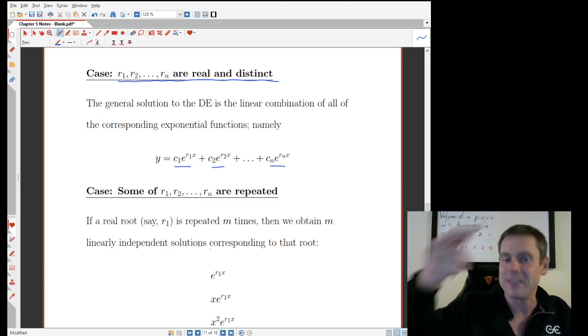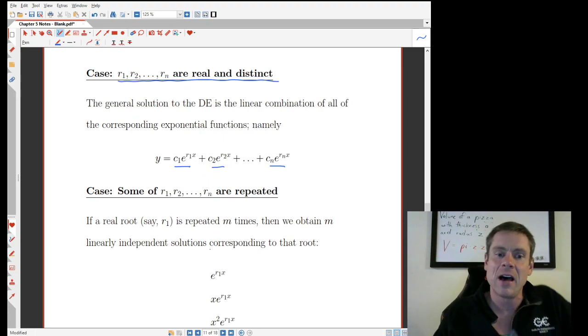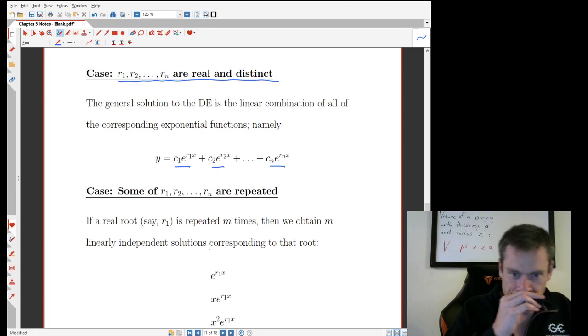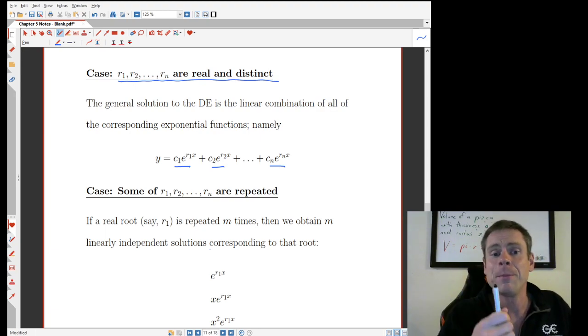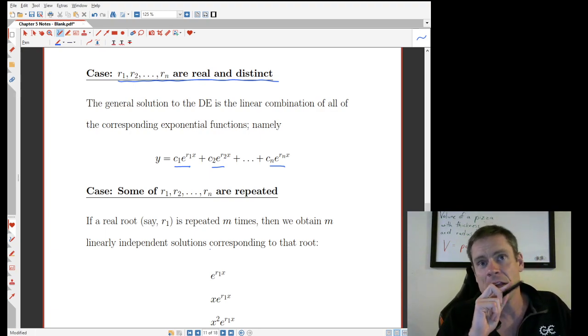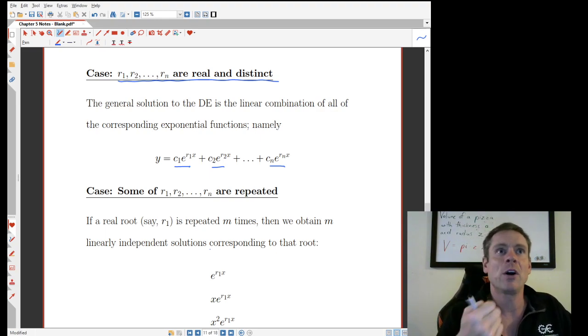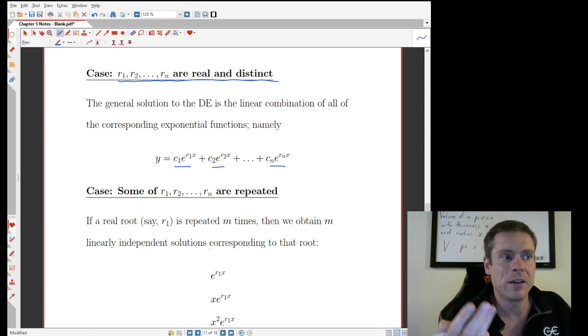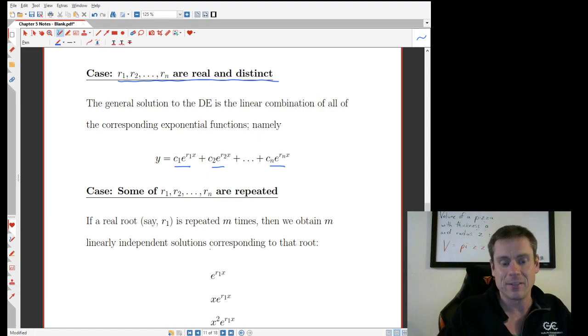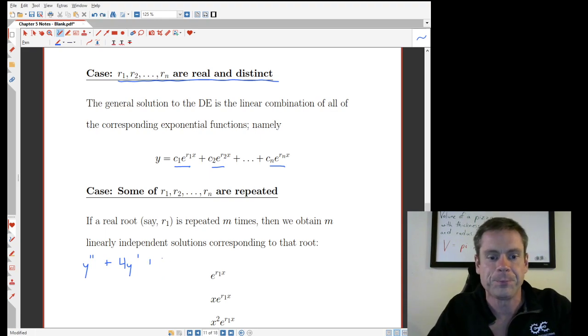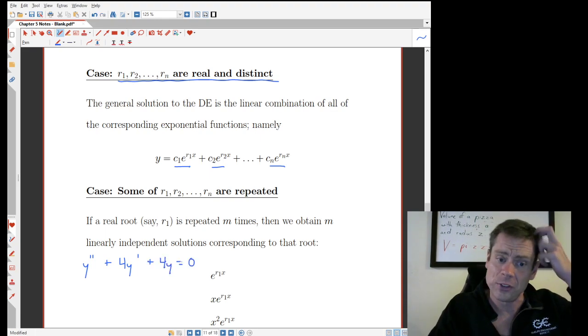As I said, we're going to embed these in examples and combine some things, just so you can see how they all interplay. You might have the case where some of the roots are repeated. It's possible for some of those to be repeated more than twice, to have what we call a multiplicity of 3 or higher. We saw some cases. For example, imagine if we had y double prime plus 4y prime plus 4y equals 0.